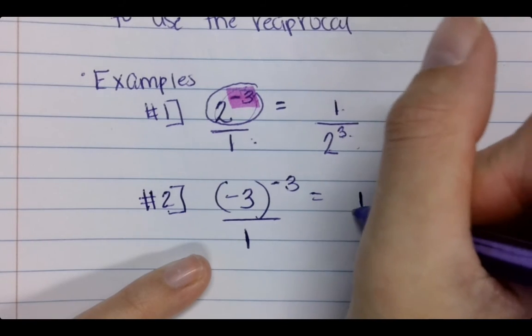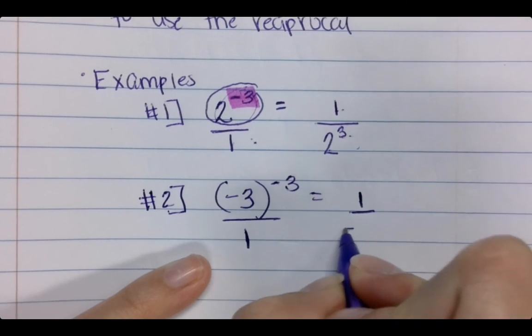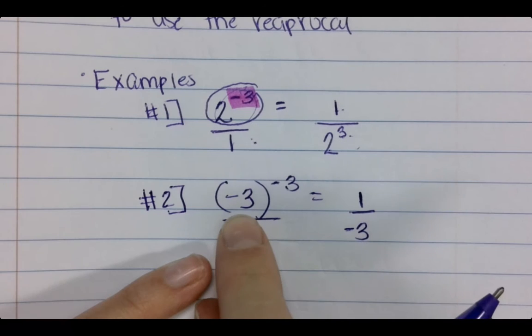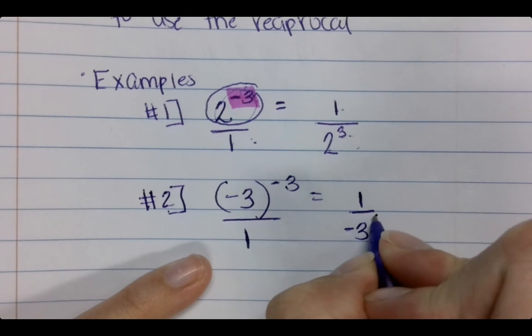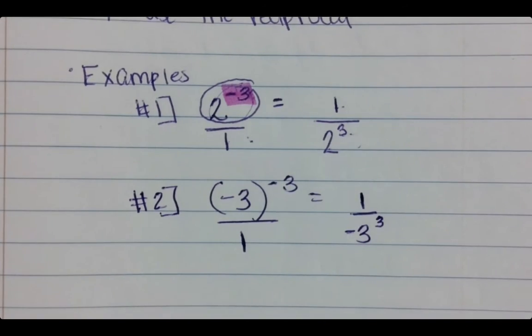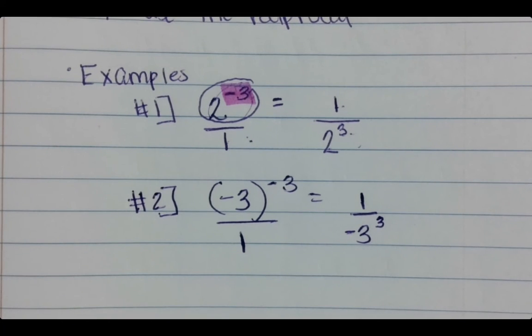This would then go on top. The negative 3 would stay because that's my base. I'm not doing anything to the base. And my exponent would become a positive 3.